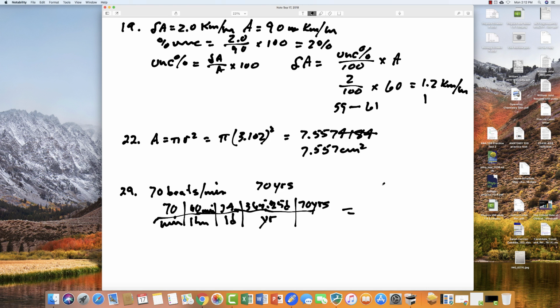And if you do all that calculation, you get 2.57 times 10 to the 9th beats. And actually, as an approximation, you should probably just say 2 or 3 times 10 to the 9th beats in a lifetime, and you'd be perfectly all right.